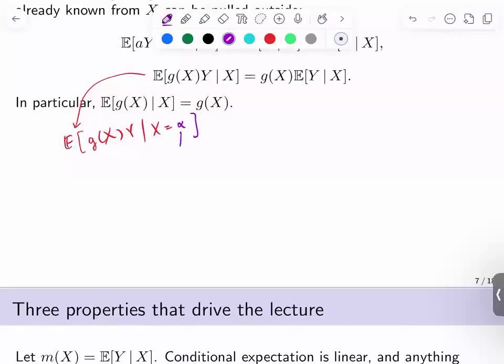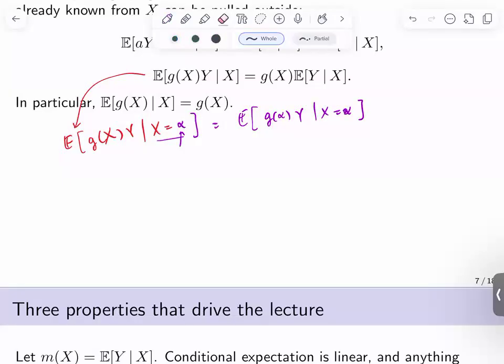So if x is equal to alpha, this is deterministic. Then when I compute the expectation, I know that x is equal to alpha, so this is really g of alpha. This should be easy to convince yourself of because I'm conditioning: I know that x is equal to exactly alpha, so this has to be this. Now g of alpha is a constant.